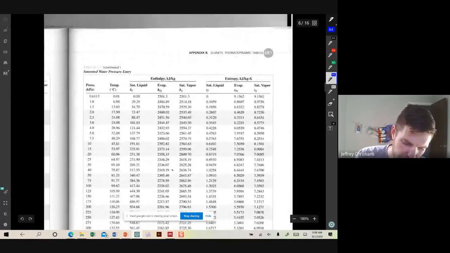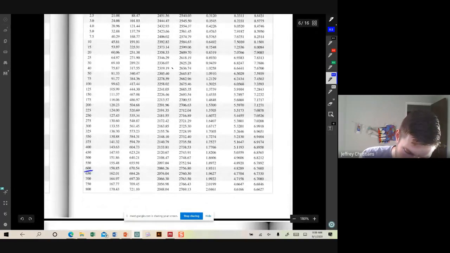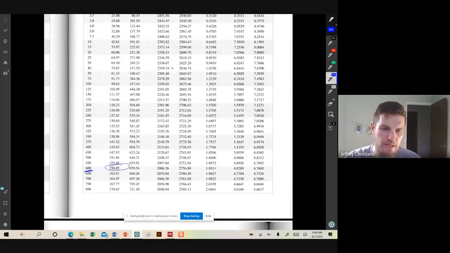Here we are in the saturated water pressure tables. If we find 600 kilopascal, then this temperature right there, 158.85, is the boiling point of water at 600 kilopascal. We're at 200, above that, so we're steam.